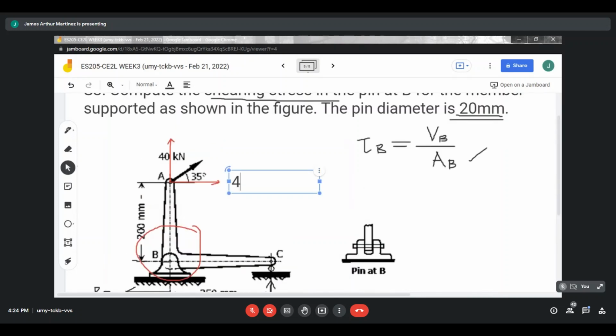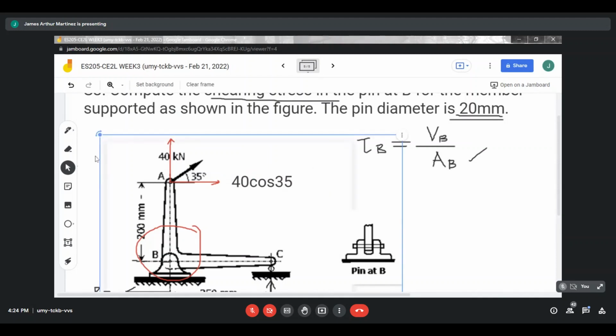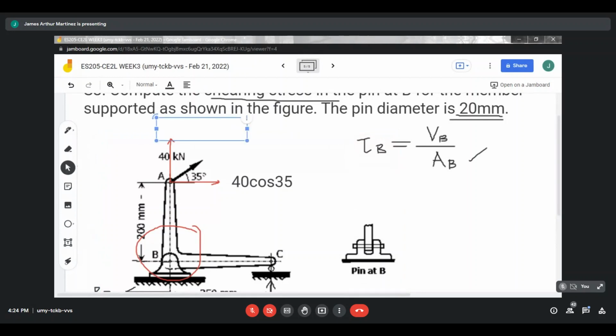So that is just 40 cosine 35 degrees, and also your y component of your 40 kilonewton is just 40 sine 35 degrees. So ito lang siya i-label as RAX and RAY.